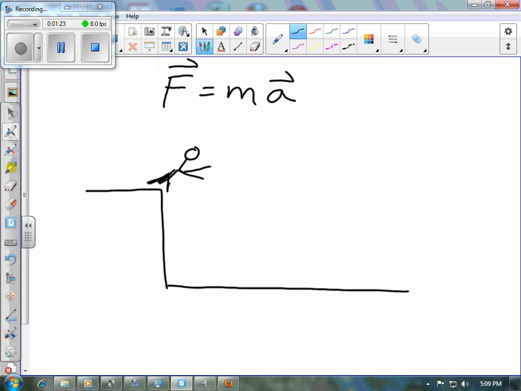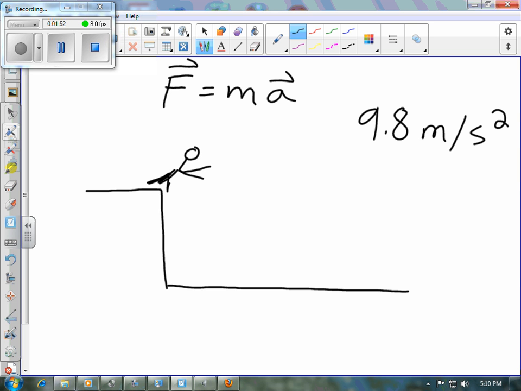And when he starts to fall, he will experience a force due to gravity, and because of that, he will accelerate. Now, the acceleration due to gravity on Earth is what? Does anybody know? Andre? Right, 9.8 meters per second squared.